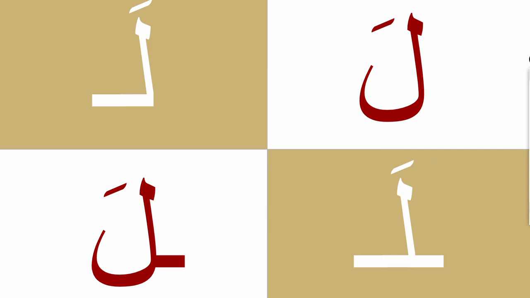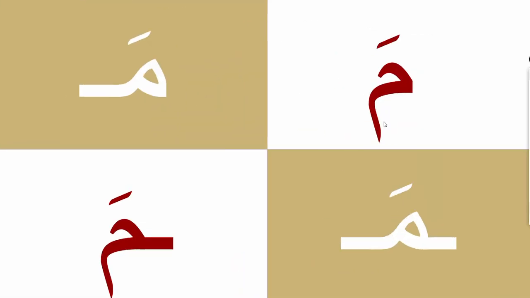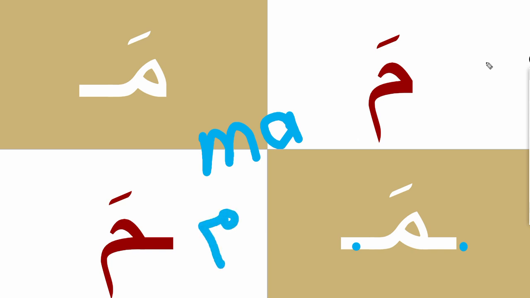Let's move on. M, m, m. With fatha, it is ma. Okay, it can be linked to both left and right. As you can see, there is a little difference, but you can write it like this and like this.